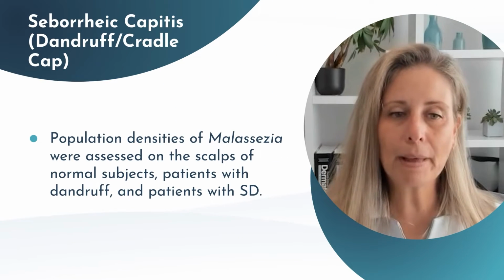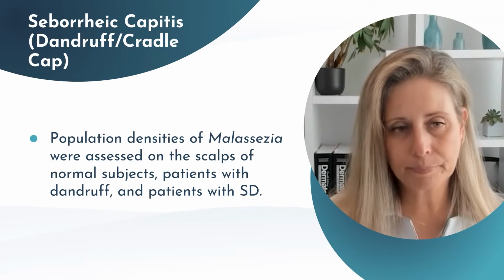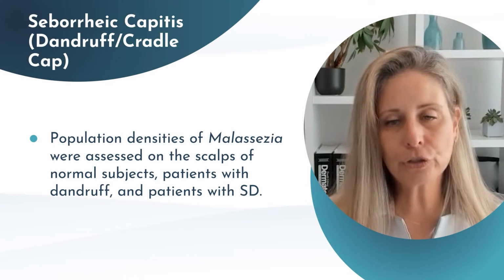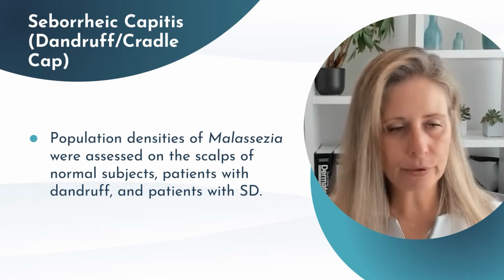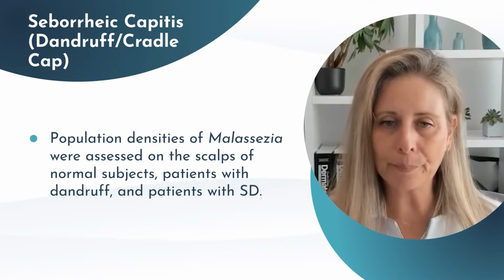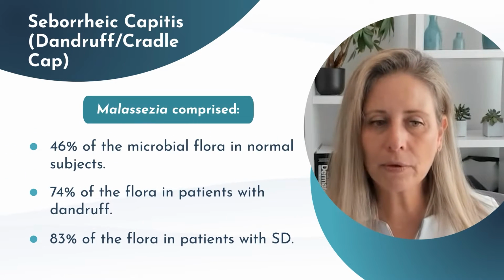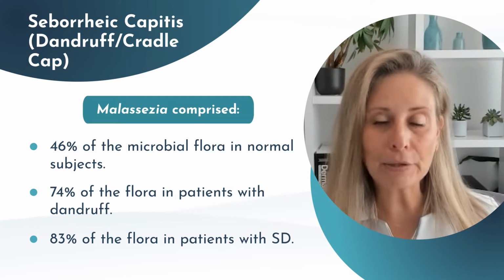So what might be the difference? Population densities of Malassezia were assessed on the scalps of normal subjects, patients with dandruff, and patients with seborrheic dermatitis on the skin. What they found was those normal subjects who didn't have dandruff or seb derm, about 46% of the microbial flora was Malassezia.